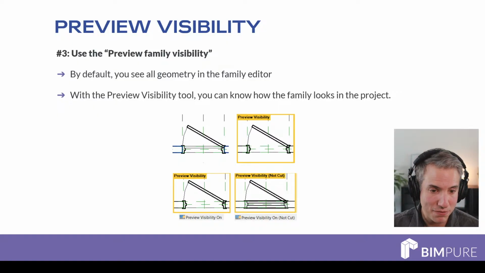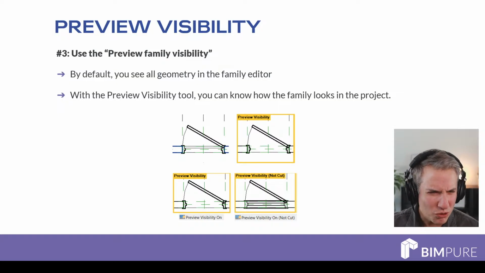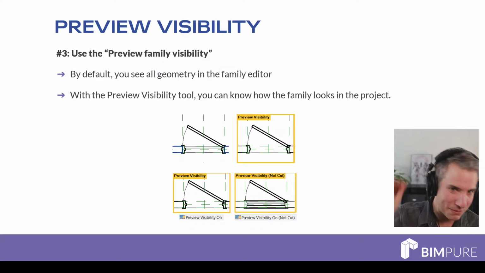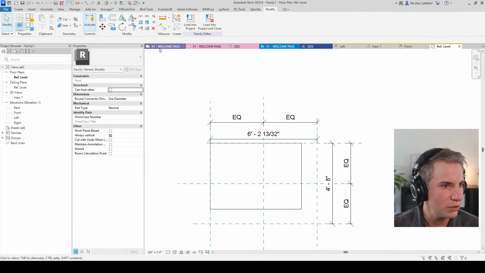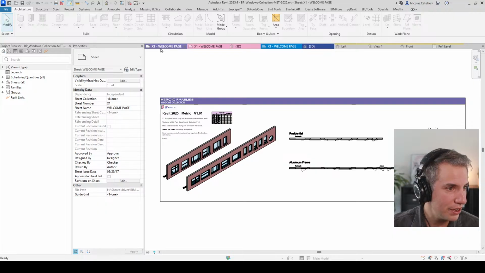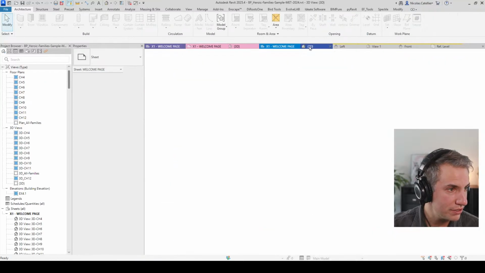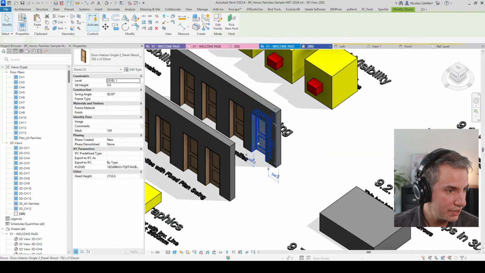Next is preview visibility. If you want to know what your family is going to look like once loaded inside of Revit, I don't remember what year they added this feature, but in the old days, I used to load into the project and go back to the family, load into the project, go back, to see what it would actually look like once loaded. You don't actually have to do that. What you can do instead, let me find a good family. Yeah, let's pick a door over here.